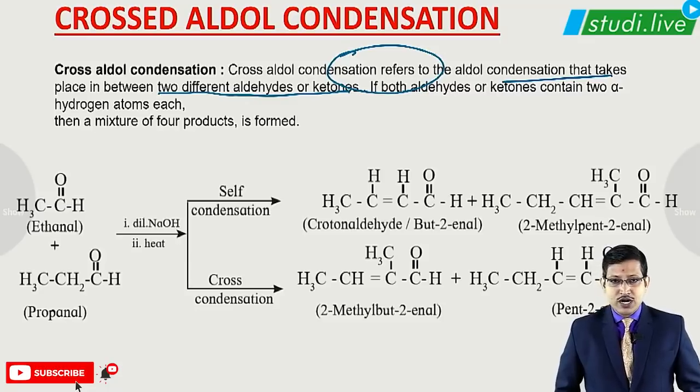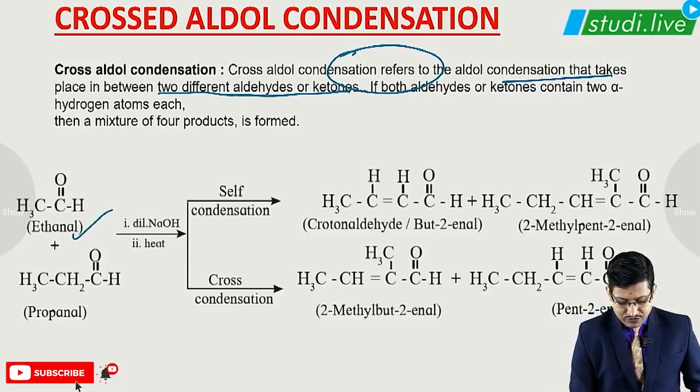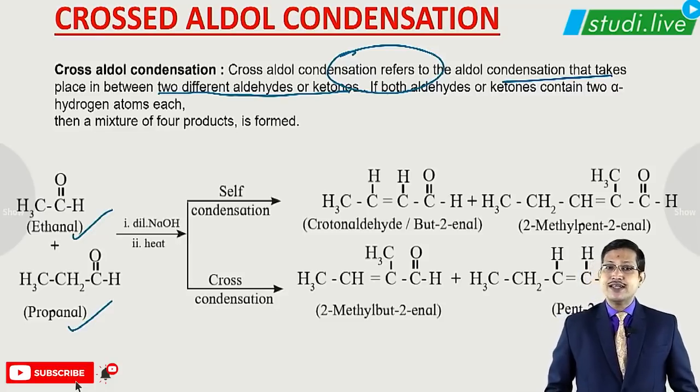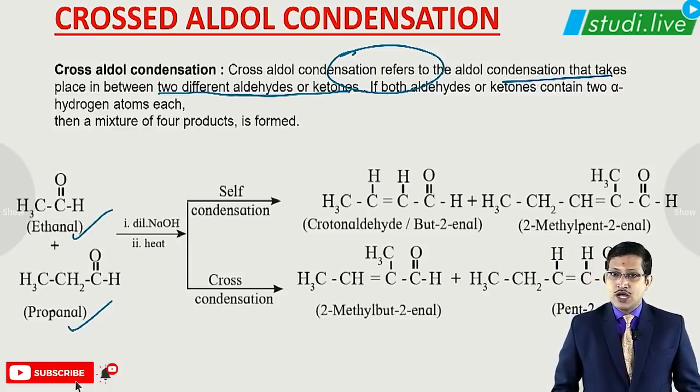Now in this crossed aldol condensation, to begin with, let's take two different aldehydes. Which are they? Ethanal and propanal. The condition applied is that both aldehydes must contain alpha hydrogen atoms.